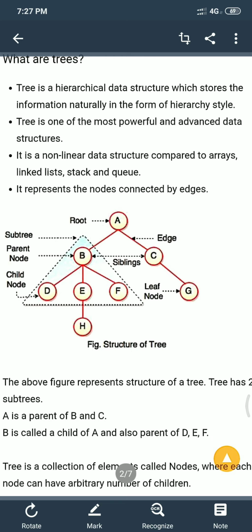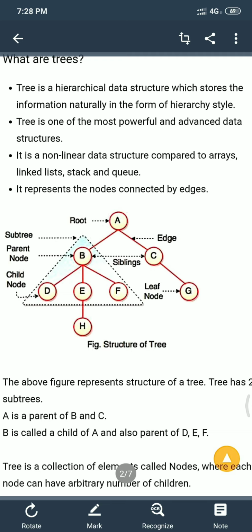A tree is a collection of elements called nodes, where each node can have an arbitrary number of children. Node is the main component of any tree structure. The concept of a node in a tree is the same as in a linked list. I hope now you got the point. A node of a tree stores actual data and links to other nodes.